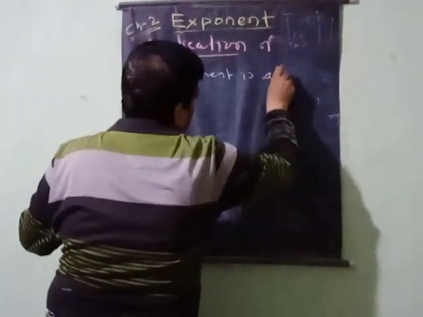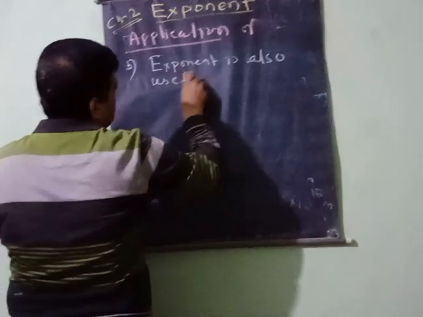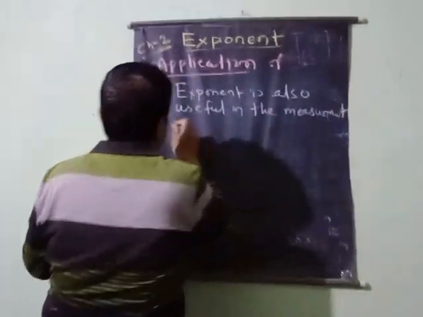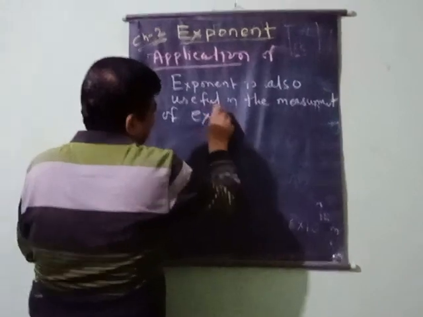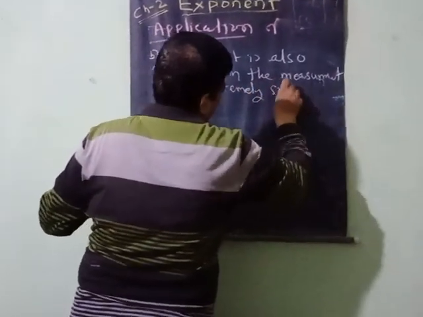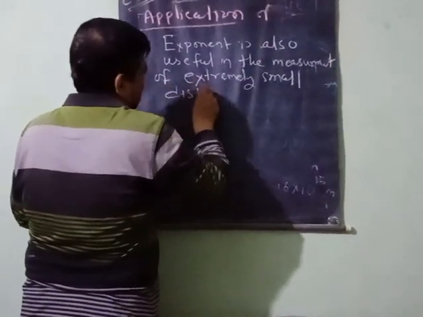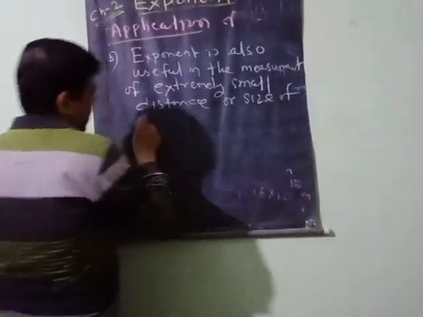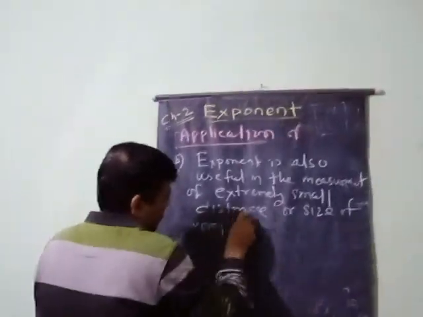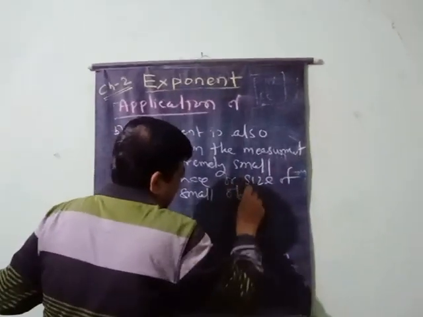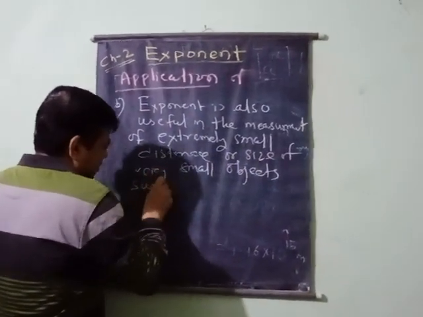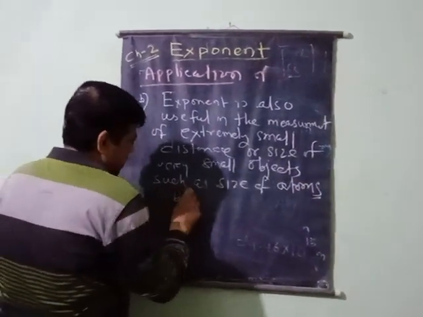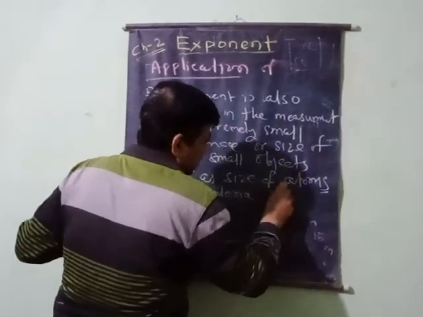Exponent is also useful in the measurement of extremely small distance, or the size of bacteria, microscopic organisms, very small objects, such as the size of the atom, bacteria, etc. and virus.